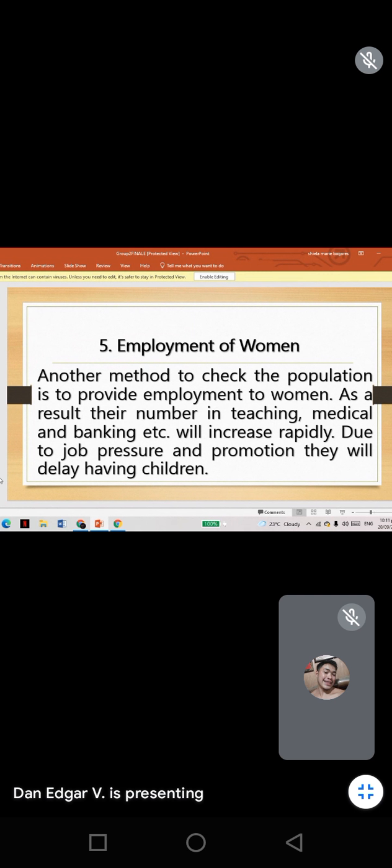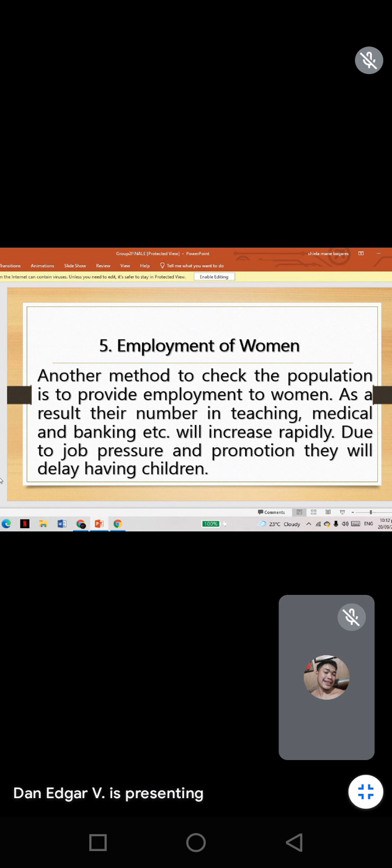So, they have the idea rin na bigyan yung mga karamihan na kababaihan ng trabaho para mabisi rin sila sa buhay and to delay having children.